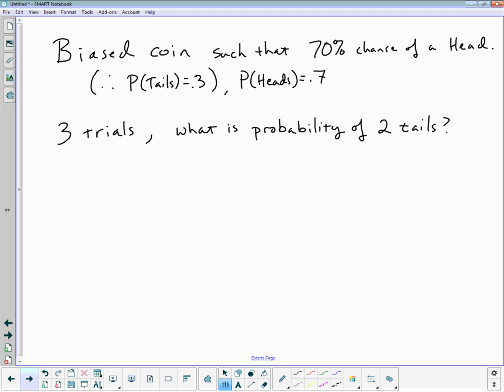We can write that as the probability that T equals 2, the number of tails equals 2.